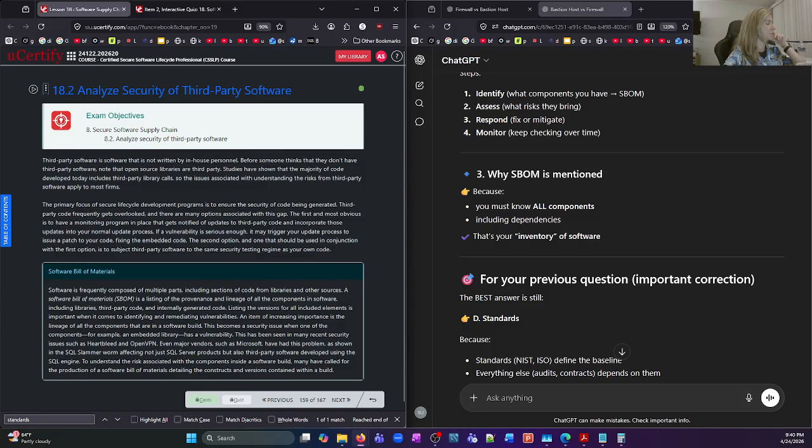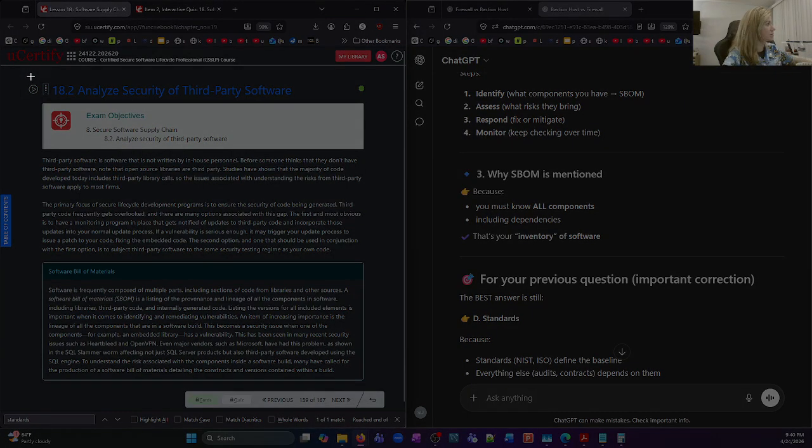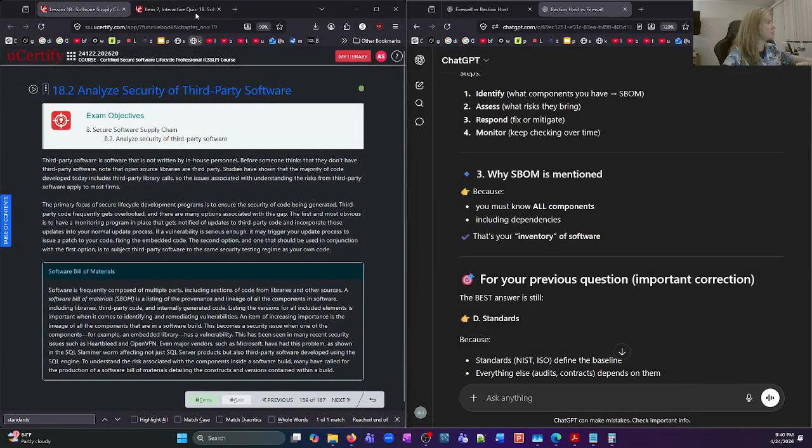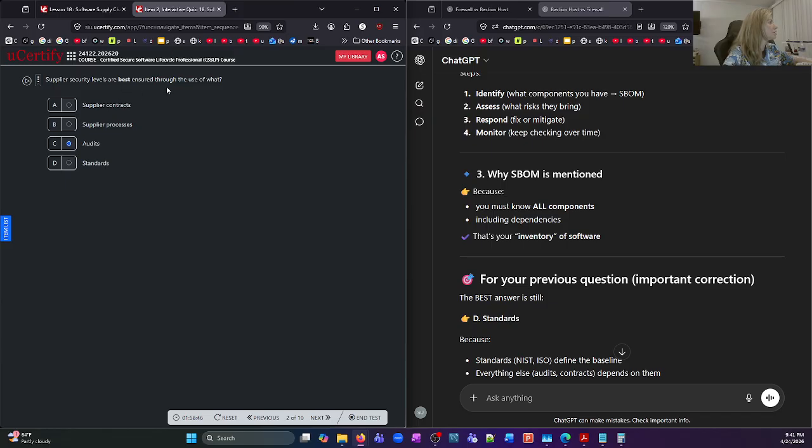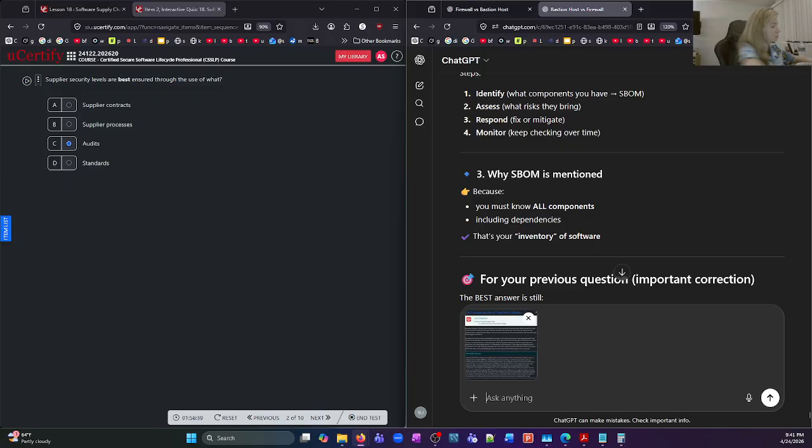Studies have shown that the majority of code developed today... what about here? Maybe analyze security levels are best ensured. Are you sure? Standards?